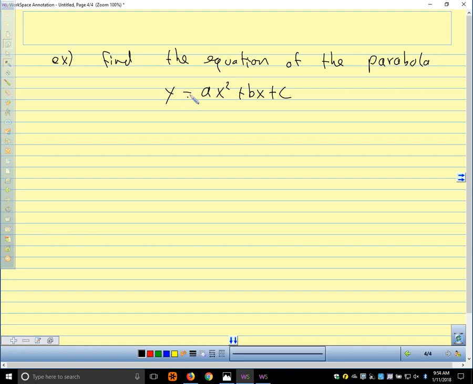So if we graph this, we get a parabola that goes through three specific points. 1, 6, negative 1, 4, and 2, 13.